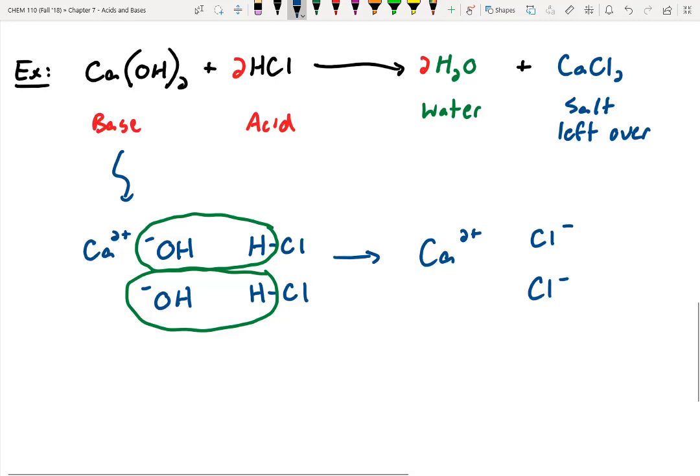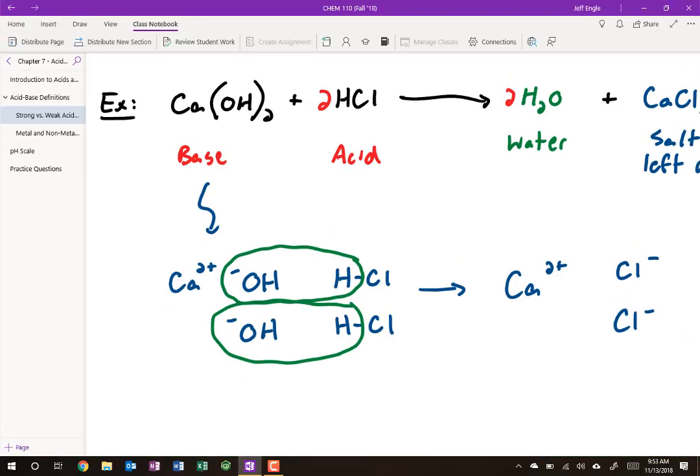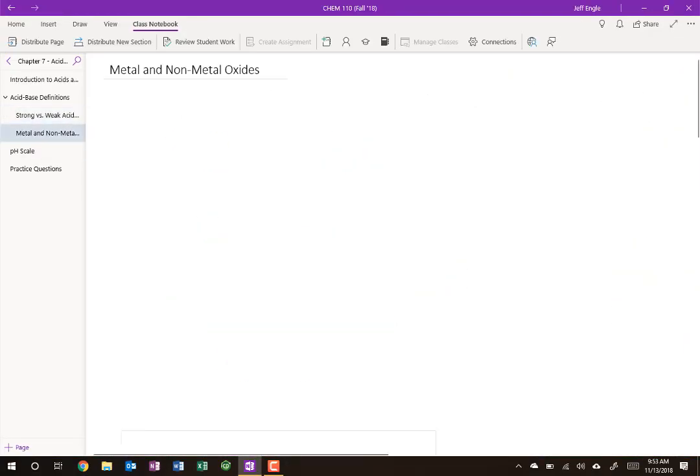So now what I want to do is talk about some kind of odd examples, especially ones related to environmental chemistry. And this is the reaction of water with non-metal oxides first, and then we'll do metal oxides.